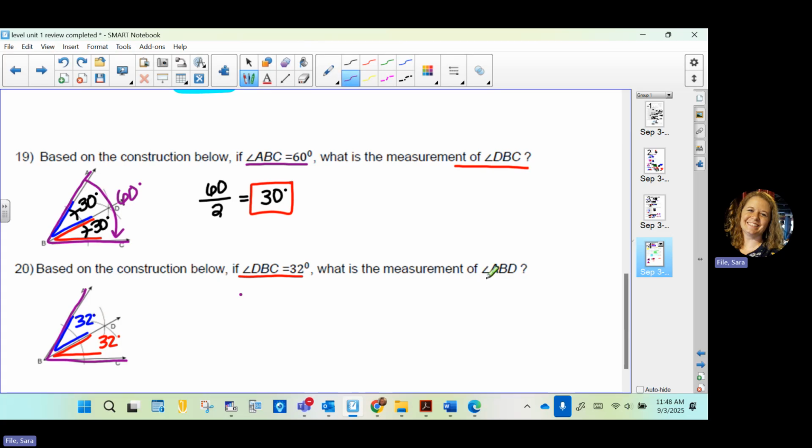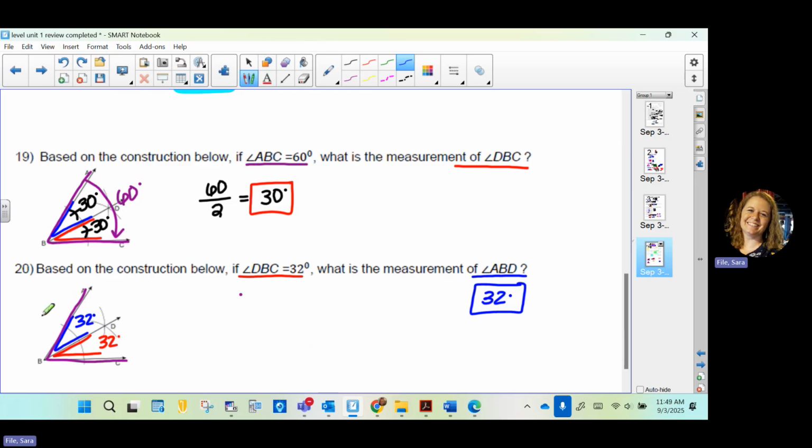That's the one they're asking us for. ABD is the blue one, so it must also be 32. So the first one was knowing that if you have the big angle, you cut it in half to get the smaller ones. This one is knowing that the small angles are congruent to each other. They're going to be the same.